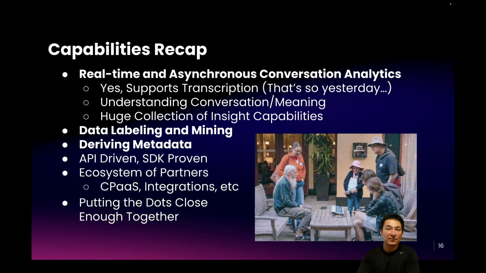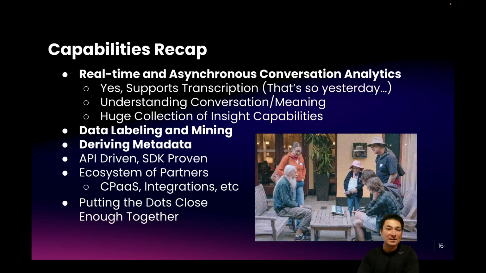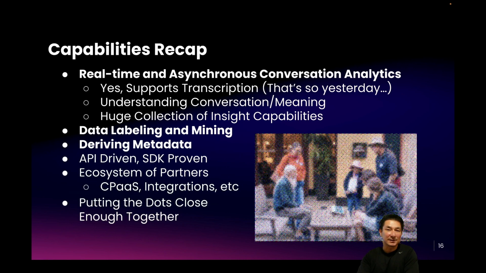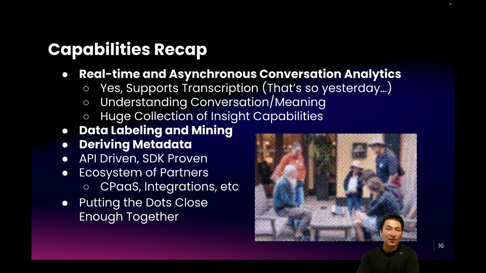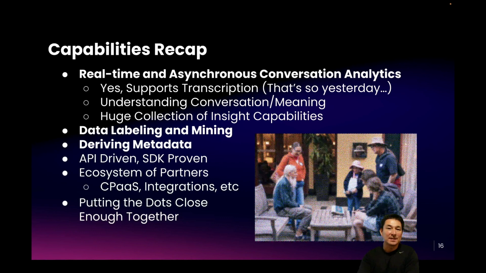Since the Symbl platform is a SaaS-based offering, we are API-driven and SDK-proven. We have an ecosystem of partners through various CPaaS platforms and integrations. Ultimately, the Symbl platform takes conversations that are happening around your business and puts the dots close enough together so that you can extract more information and understanding about your business.